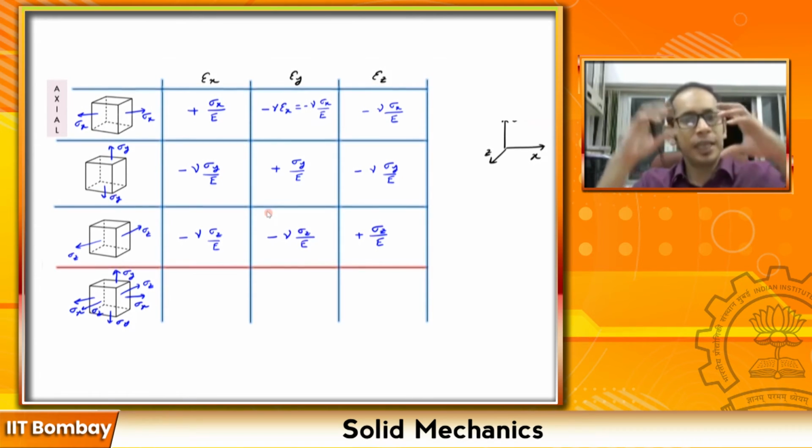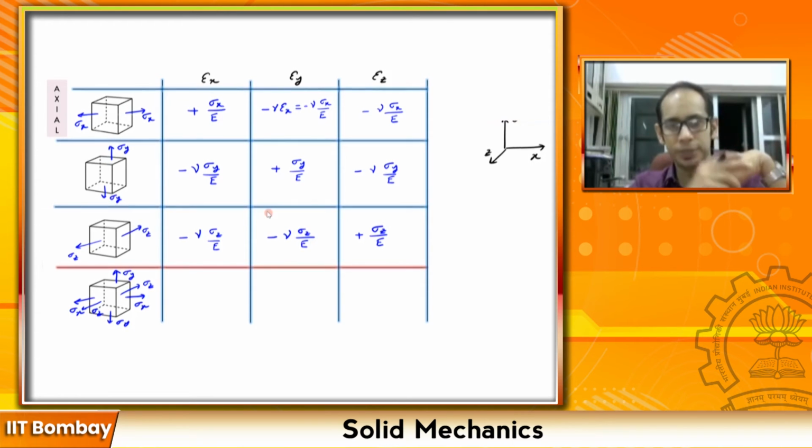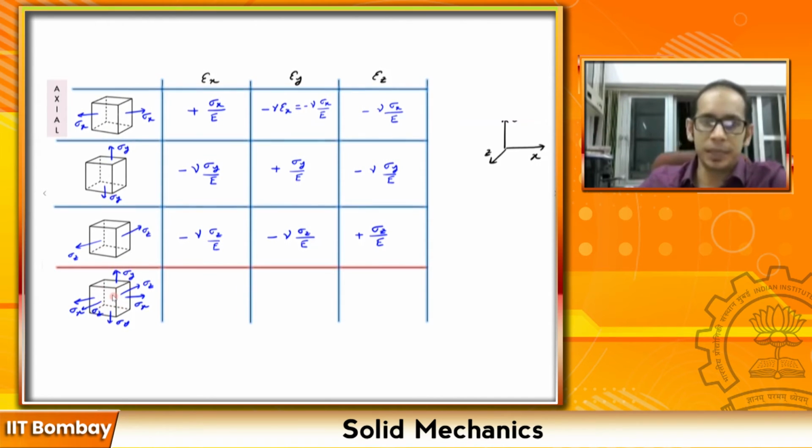So for these individual cubes, we have derived what the strains along the three different directions are going to be. Now let's come back and look at my original cube which had the stresses in all the directions. When I have all the directions, I'm going to apply the principle of superposition. Here, my epsilon x is simply going to be a summation of all of these three. This structure with these different stresses is simply a summation of these three structures.